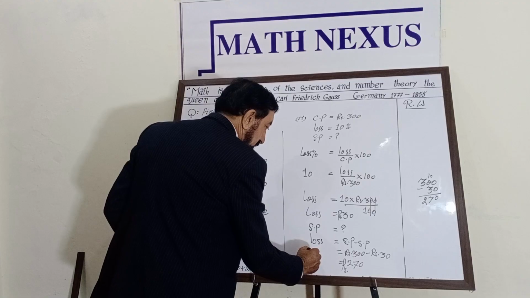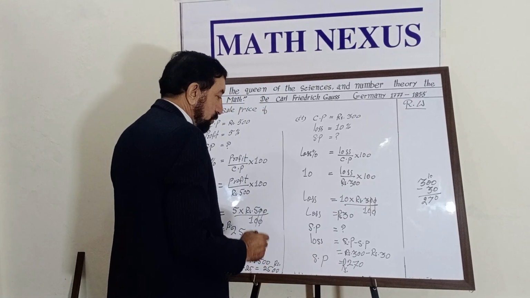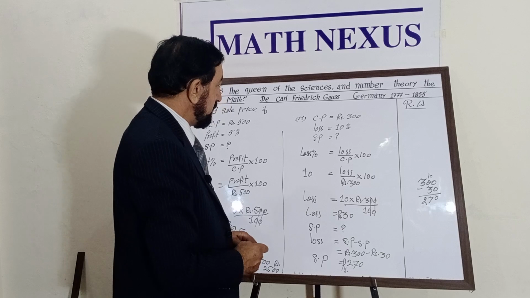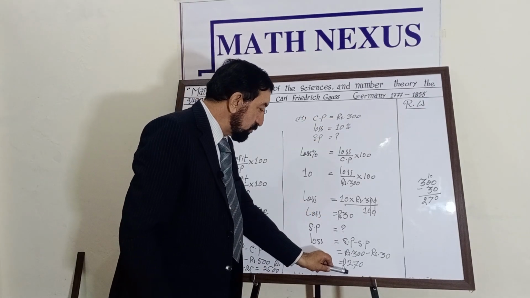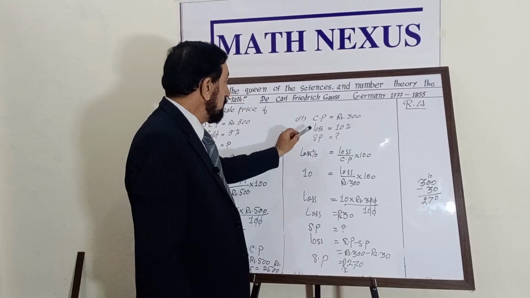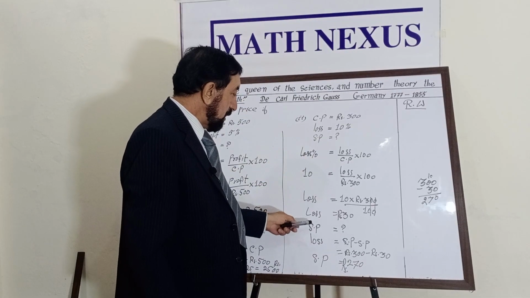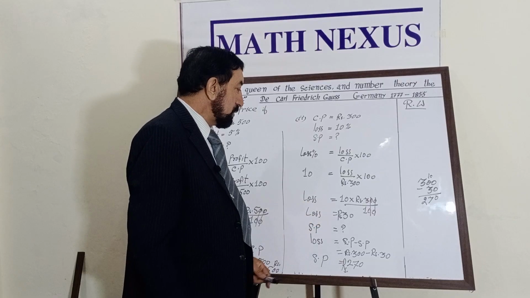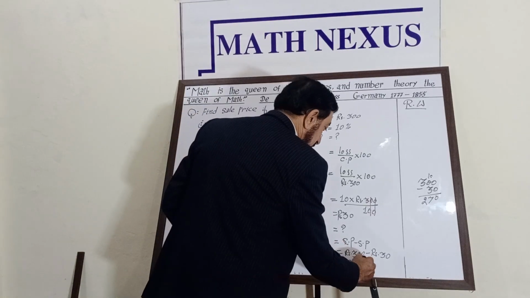It means that sale price is equal to 270. Cost price 300, sale price is 270, loss 10%, or here loss is rupees 30. This is the answer of this question.